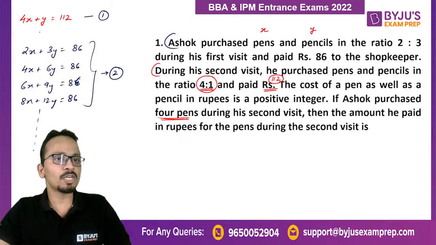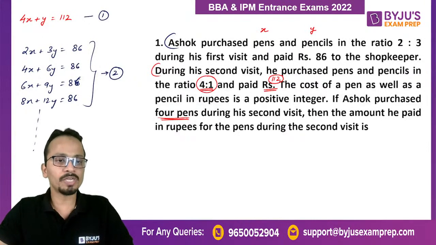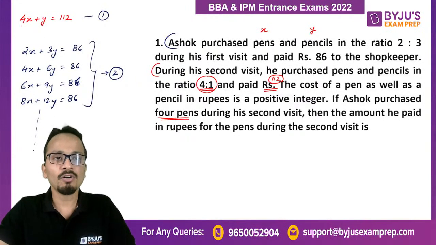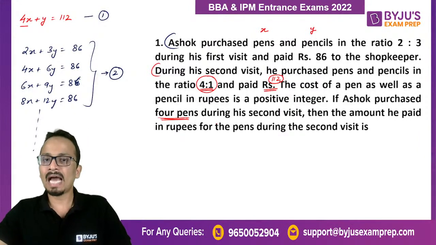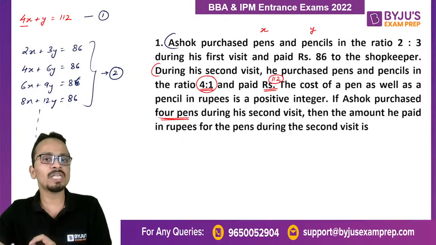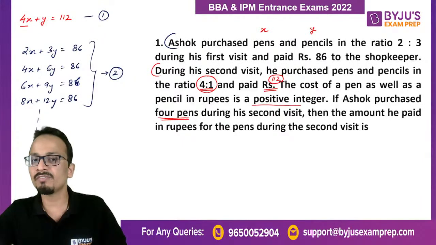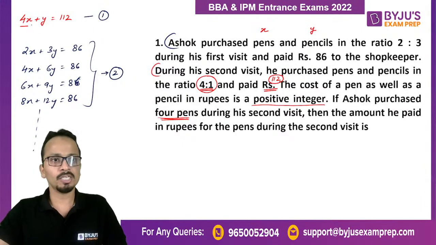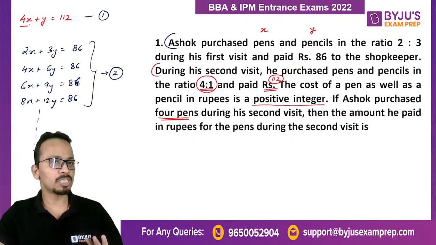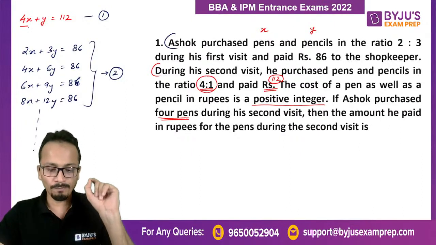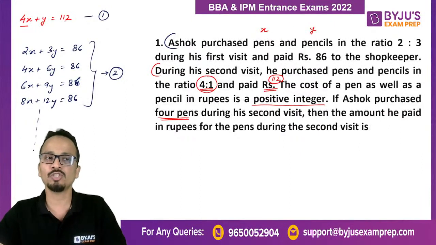Now look at the first equation, which is given in the red color. It says 4x plus y is 112 and the cost of pen as well as pencil is a positive integer. So x and y both are positive integers where the value of 4x plus y is 112.